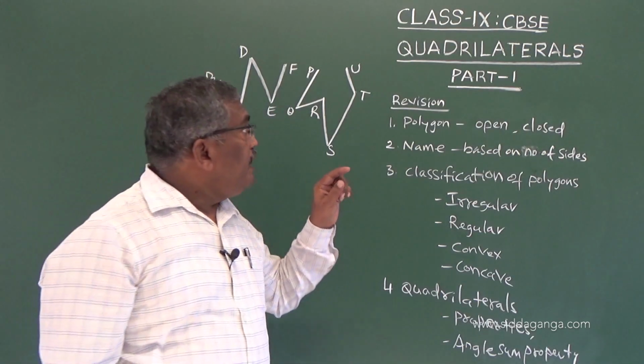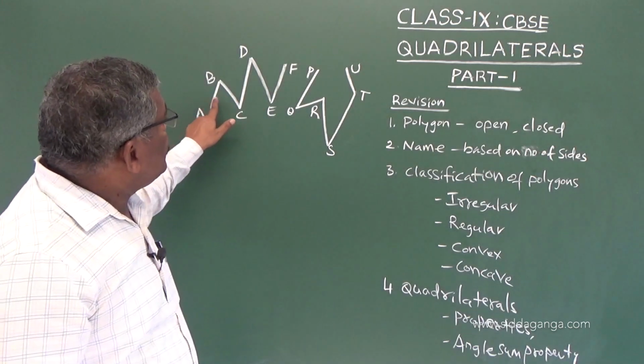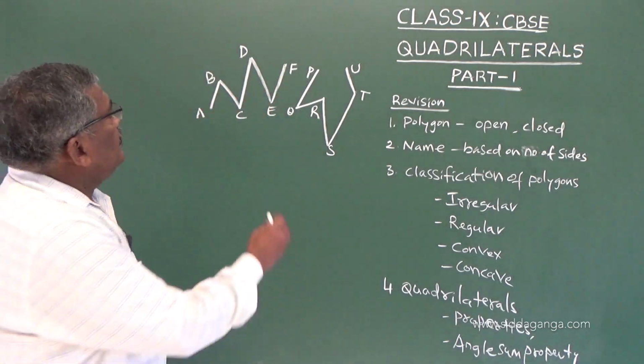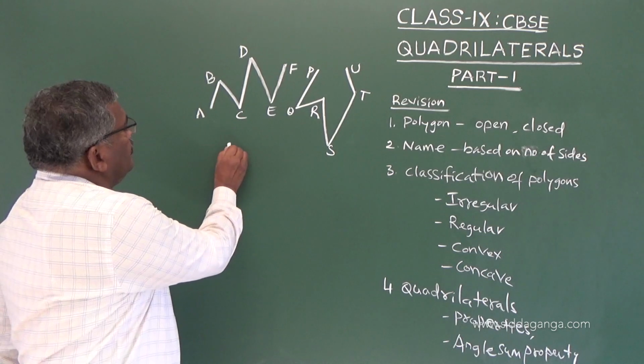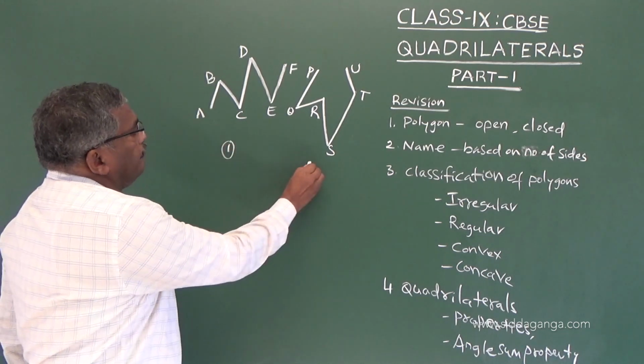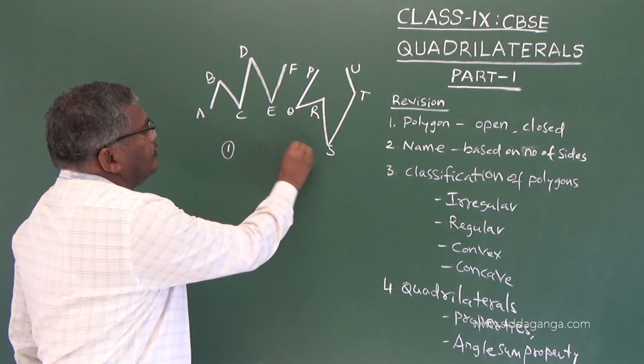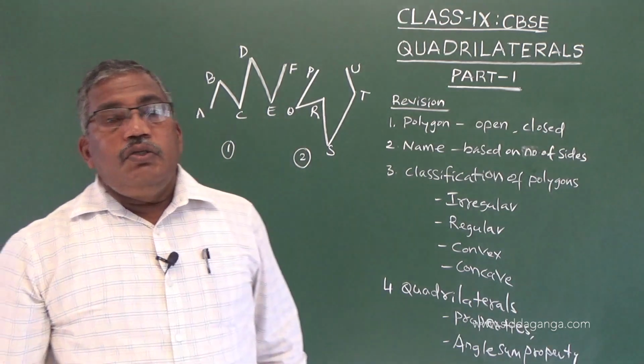Polygon means many line segments put together. This is figure 1, figure 2. You can observe.